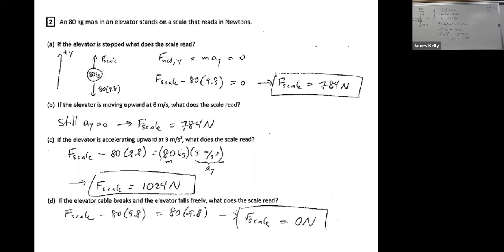I'm just flipping back here to this slide in case somebody wants to reference it in doing their work.